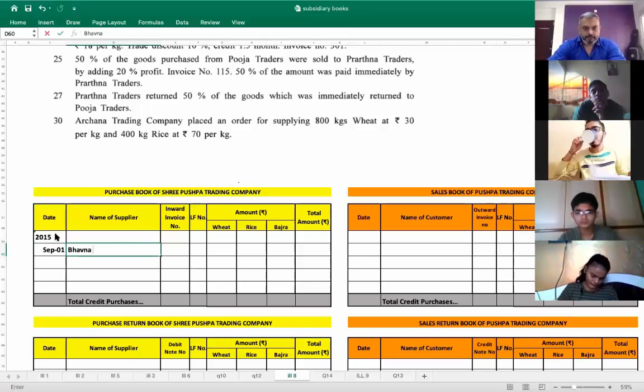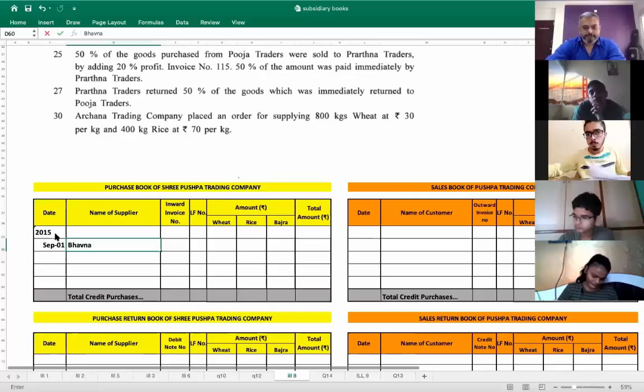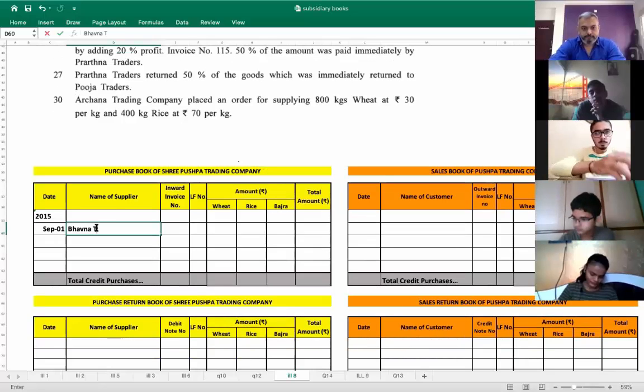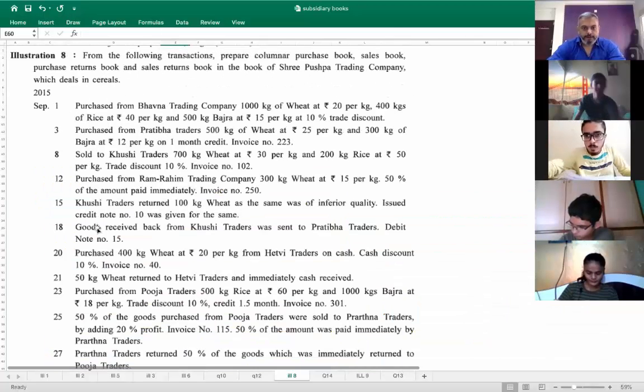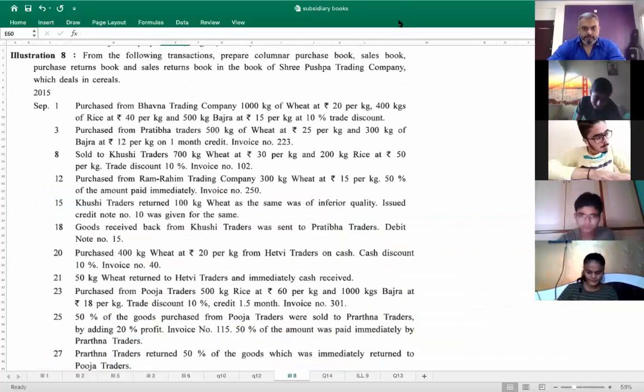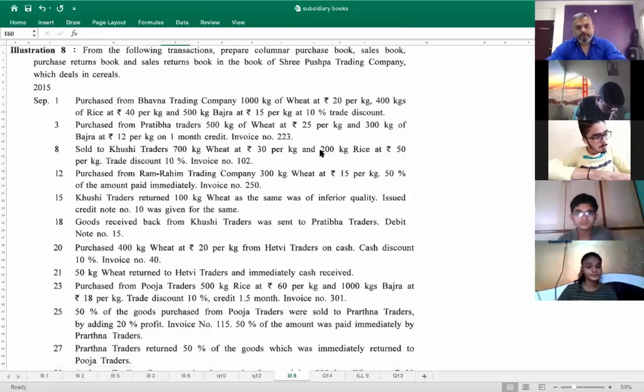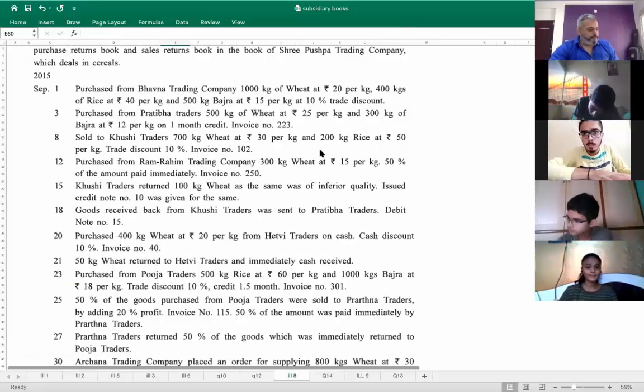Bhavna Trading Company account. Bill number is not given.